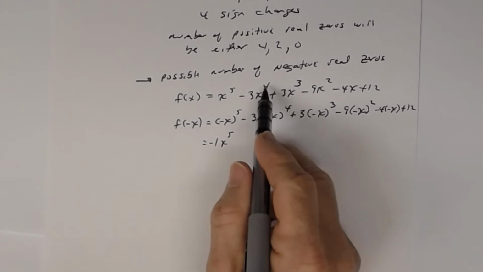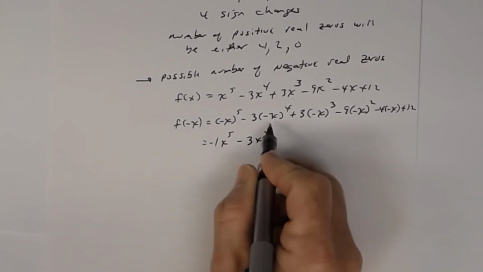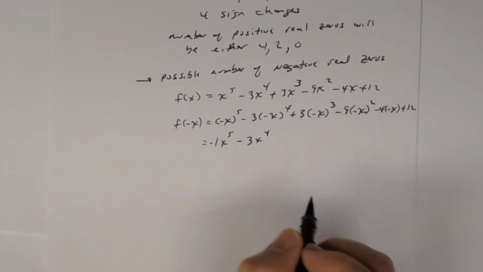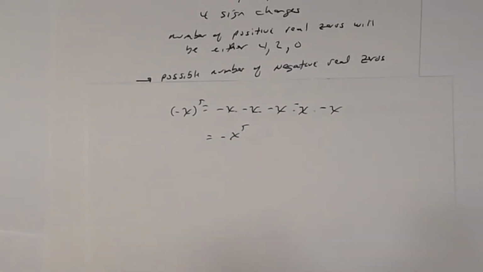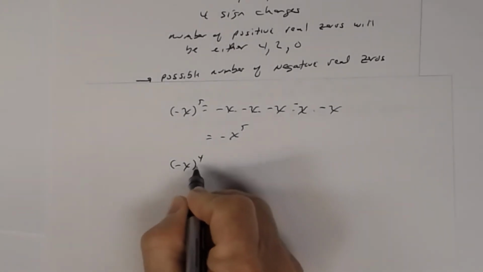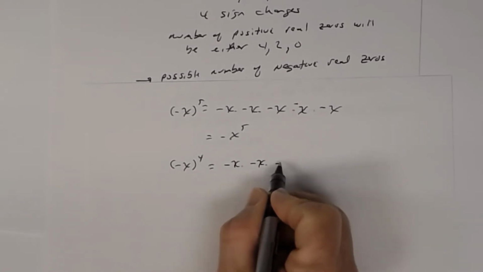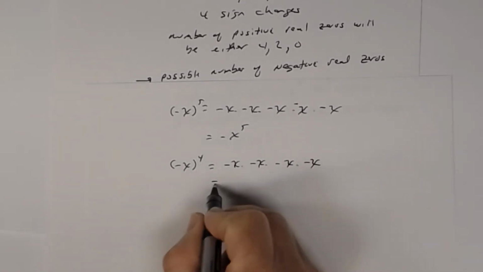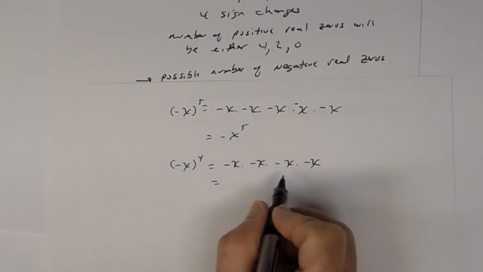So since that's even, that means negative 3 stays negative 3. So minus 3x to the 4th. So negative x to the 4th is still x to the 4th. Kind of makes sense, right? If you have to do what I'm doing here, negative x to the 4th means negative x times negative x times negative x times negative x. Well, a negative times a negative is a positive, times a negative is a negative, times a negative is a positive.